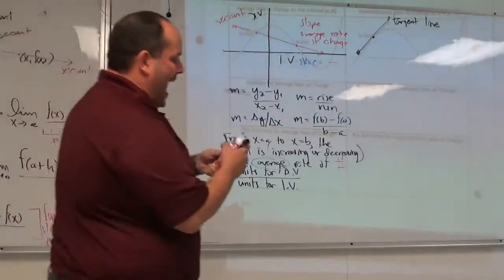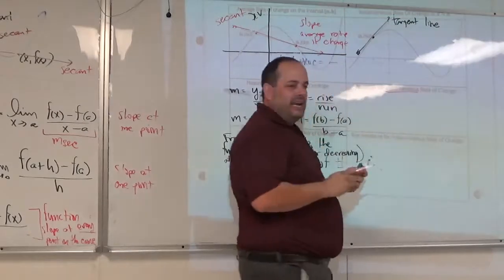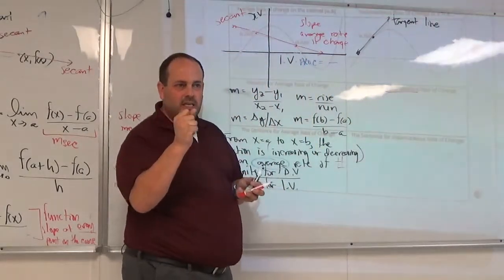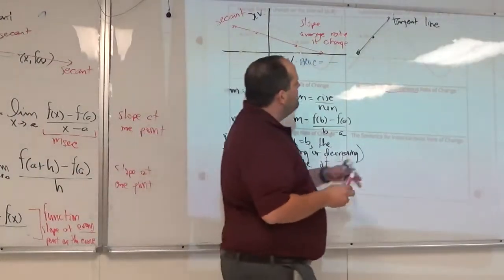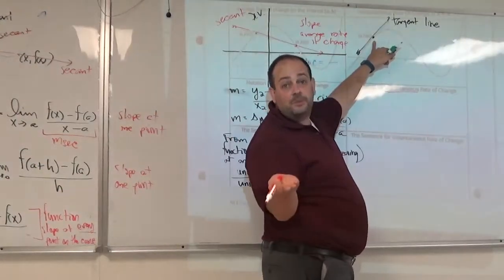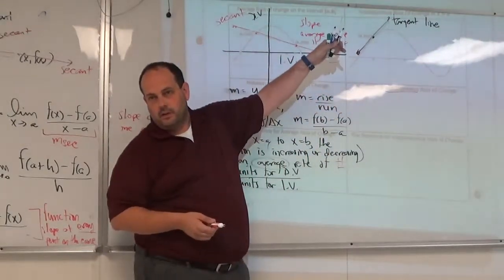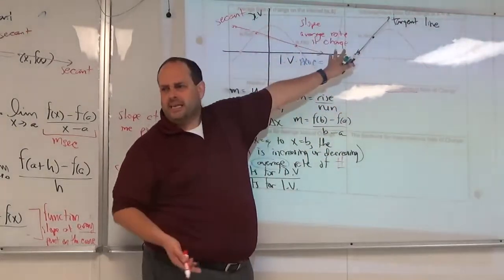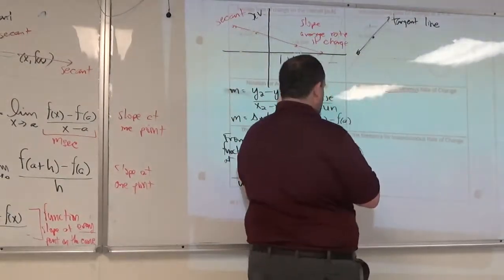What's the function doing at this moment? And this is why we use instantaneous rate of change. At an instant, are we increasing, are we decreasing, or are we constant? For this particular graph, slope of tangent line, positive or negative? Positive, right? Easy peasy, I can see from the graph. Okay, I want to get a couple of notations.